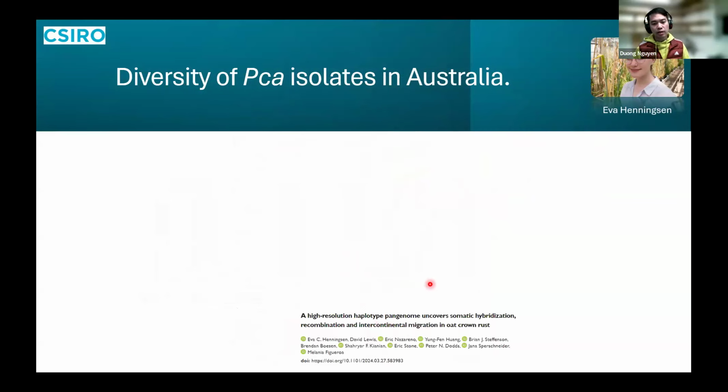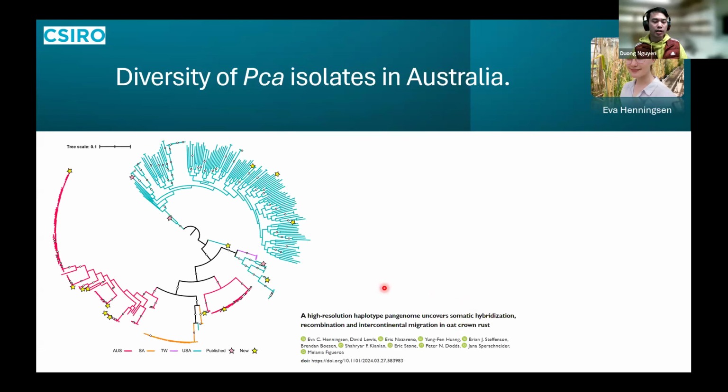In that paper, she used a haplotype and pangenome approach to uncover somatic hybridization and recombination, and she also described the intercontinental migration in the oat crown rust. And I would like to show you some key figures from the paper.